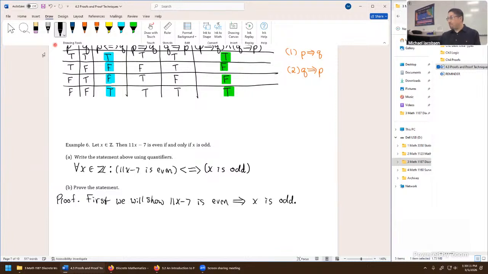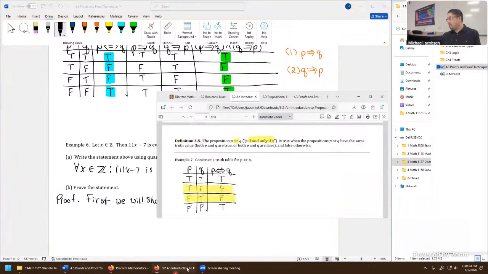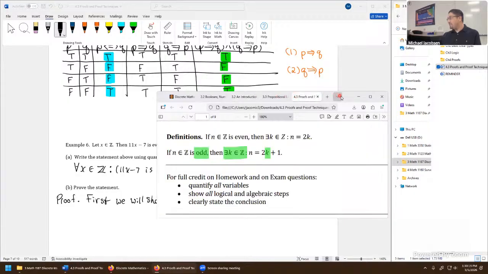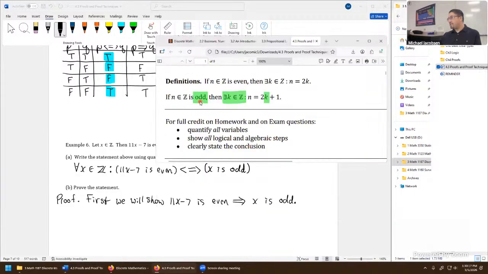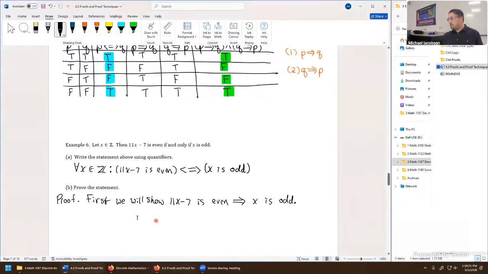Now, if red flags have come up already, then good on you. One thing I haven't done yet is I haven't said what x is in the very first place, so I haven't quantified it yet. So that's going to be my next additional step once I start to try to prove this. But I want to show how this could actually go wrong.